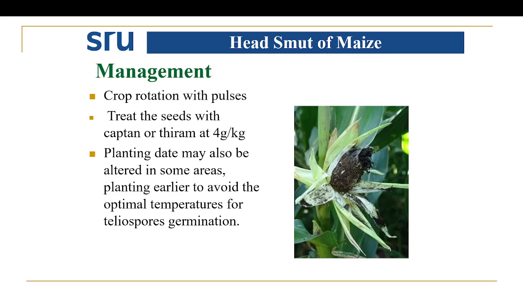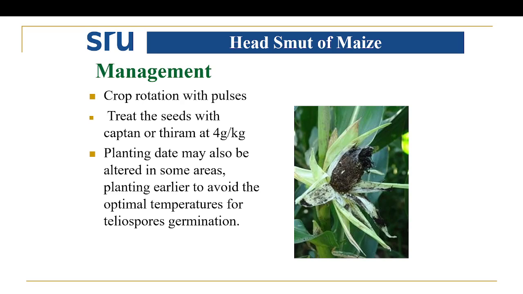The Ustilago maydis disease cycle follows this pattern: the teliospores overwinter in the soil or crop residue, spreading via wind or rain, and can infect any young plant tissue during the growing season. The fungus creates tumors or galls, which mature into a black powdery mass of spores and release them. So after releasing the teliospores, it will repeat the cycle and continue the life cycle.